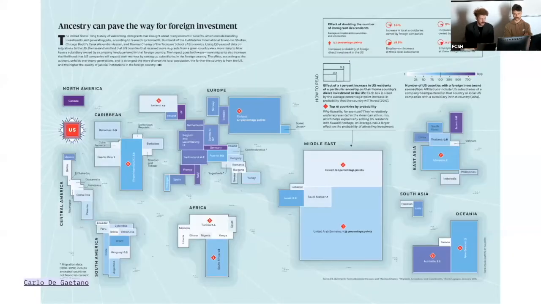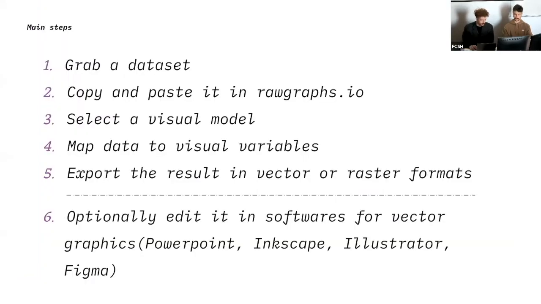Or this is another example by Carlo De Gaetano that shows the immigration from countries around the world, and how it affects foreign direct investment between those countries and the US. This is a treemap that has been divided into sections to resemble a globe.